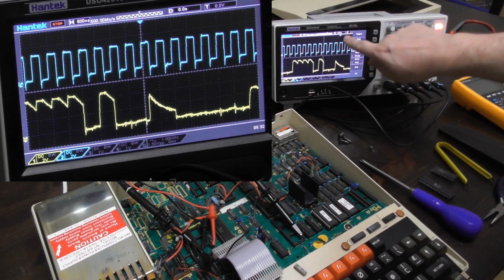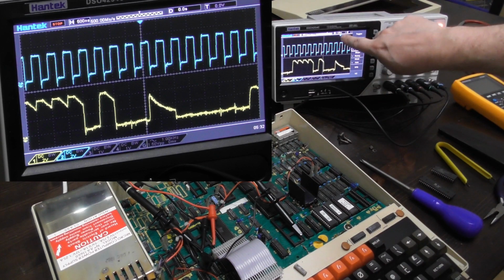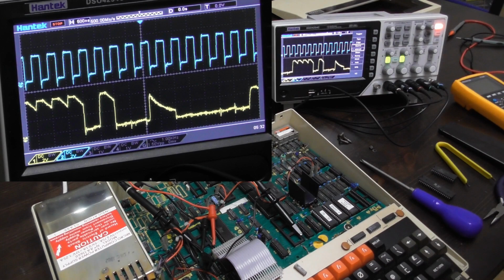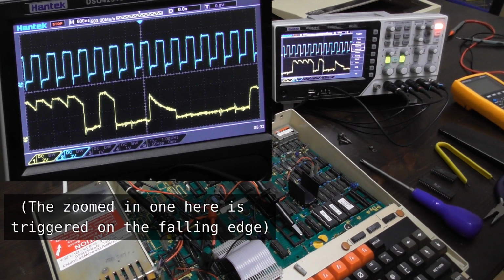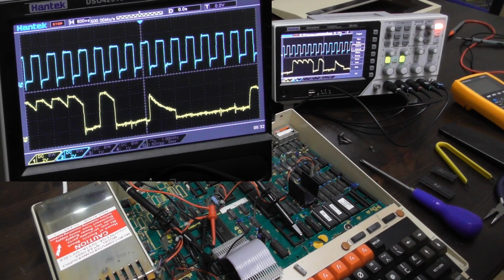But what happens over here, where the trigger is actually set, is that it's triggering on the rising edge of the floppy disk controller's chip select line. And that's actually a bit late. I mean, that's the end of the bus cycle in which it's being accessed. But never mind that.